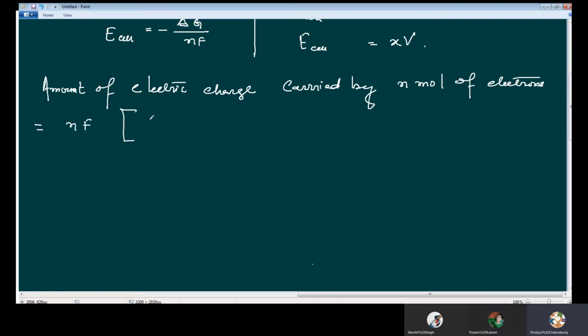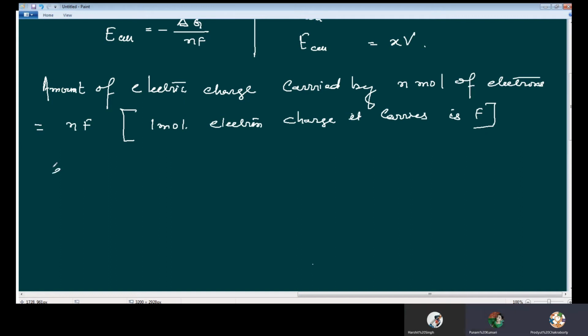As we know, one mole of electrons carries a charge of F, so for n moles, it is nF.